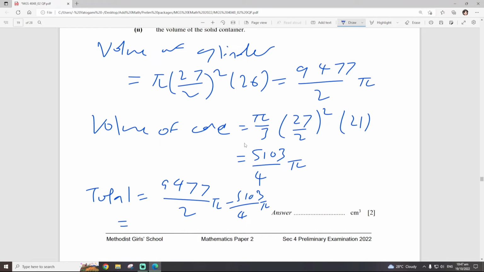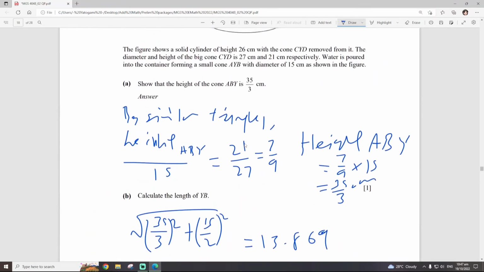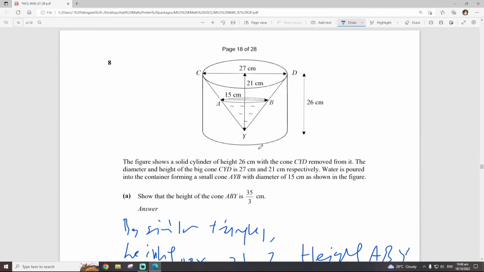Okay, then you just figure out what this is. You will get 10,900 to 3SF. Okay.